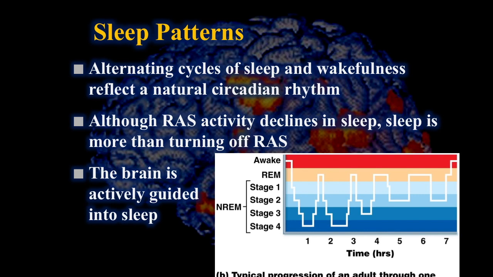Sorts out what you don't need, and then it also sends signals to do what? What does it do to your cortex? Every now and then, it just keeps sending signals to keep you alert. Okay, so RAS keeps you alert and awake. So to go to sleep, you are going to turn off RAS, mostly. Okay?